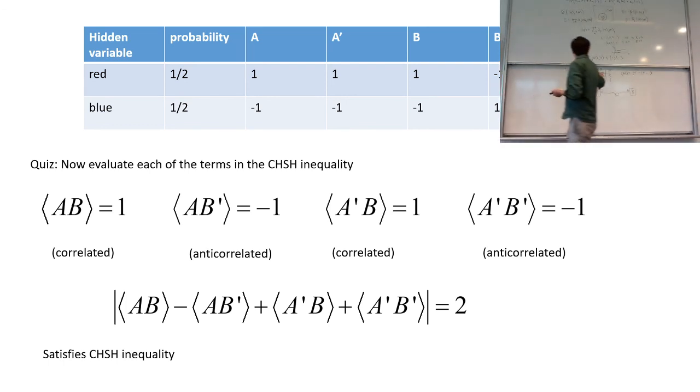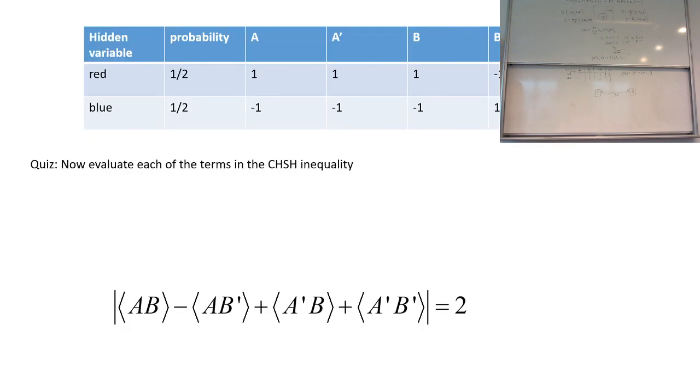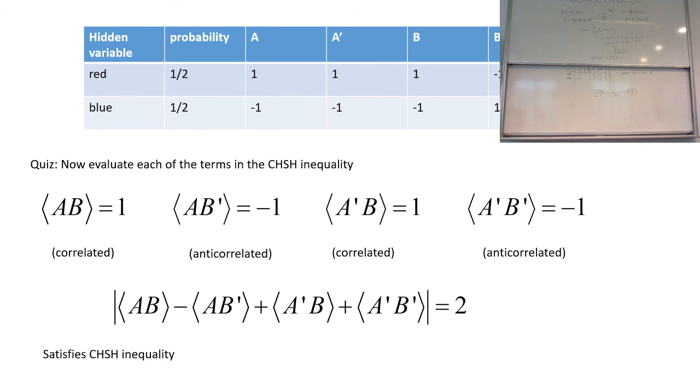You can play around with this, but there's basically no way of getting something bigger than 2. If you choose anything like this, then you can see that these things are going to give 0, right? The statement is that this is always going to be less than 2. So if you're trying to get something bigger than this, it's not a good idea to choose something like this, because if some of your correlators are 0, you're not going to make a very big number. Ideally, you want to choose something so that all these 4 values are like 1 + 1, right?